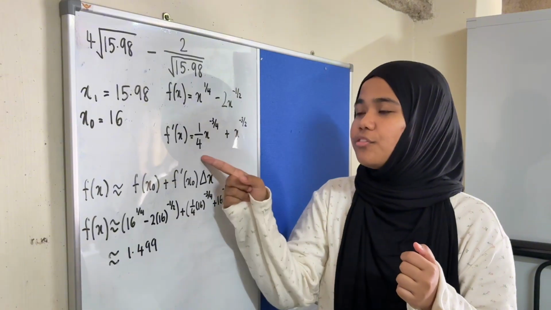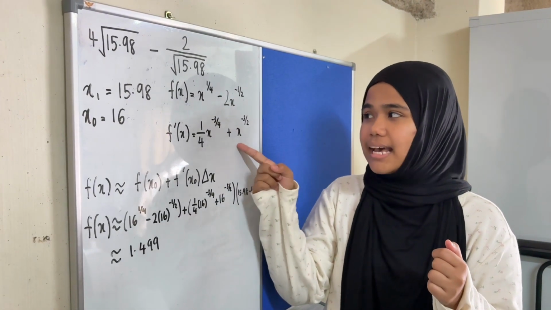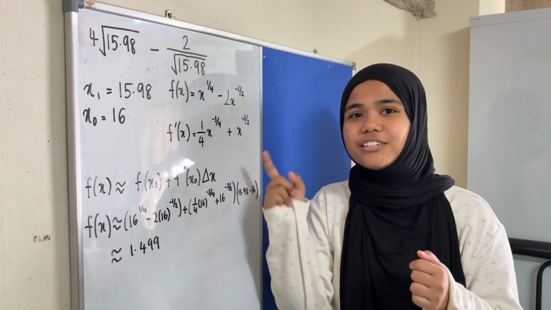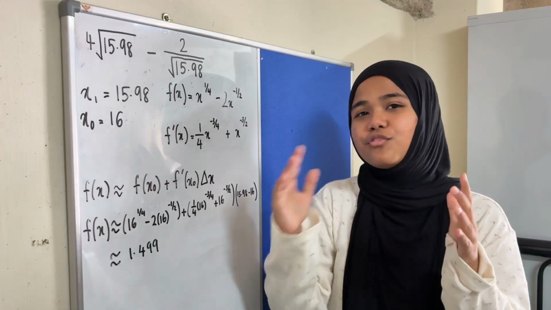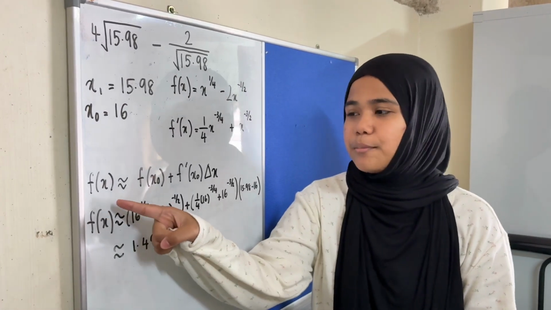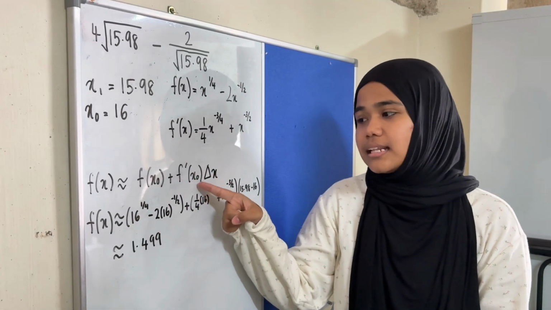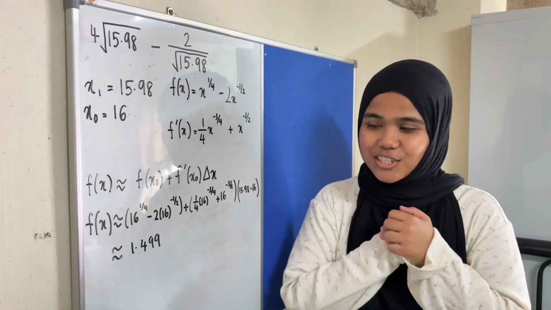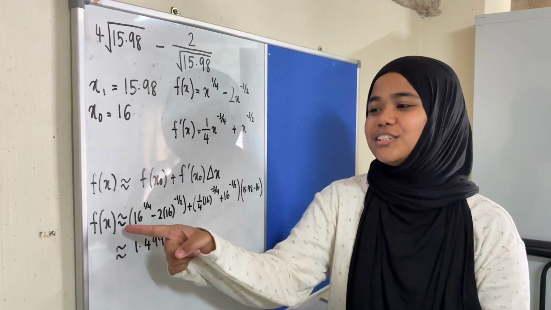So 1 over 4 x to the power of negative 3 over 4, plus x to the power of negative 3 over 2. So we move on to the next part, where we use this formula: f(x) approximately equals f(x naught) plus f prime(x naught) times delta x. So we just substitute these values into this formula.